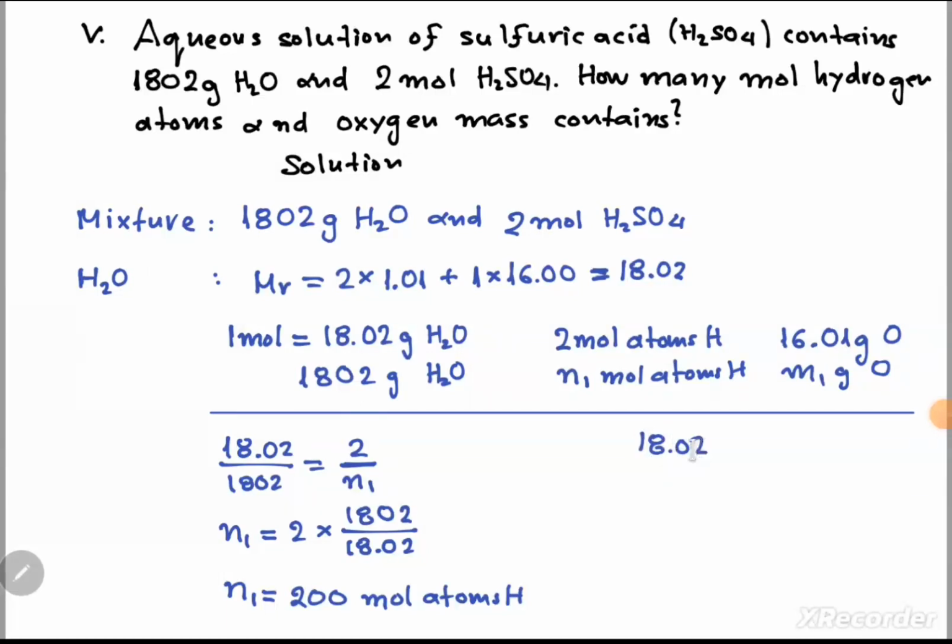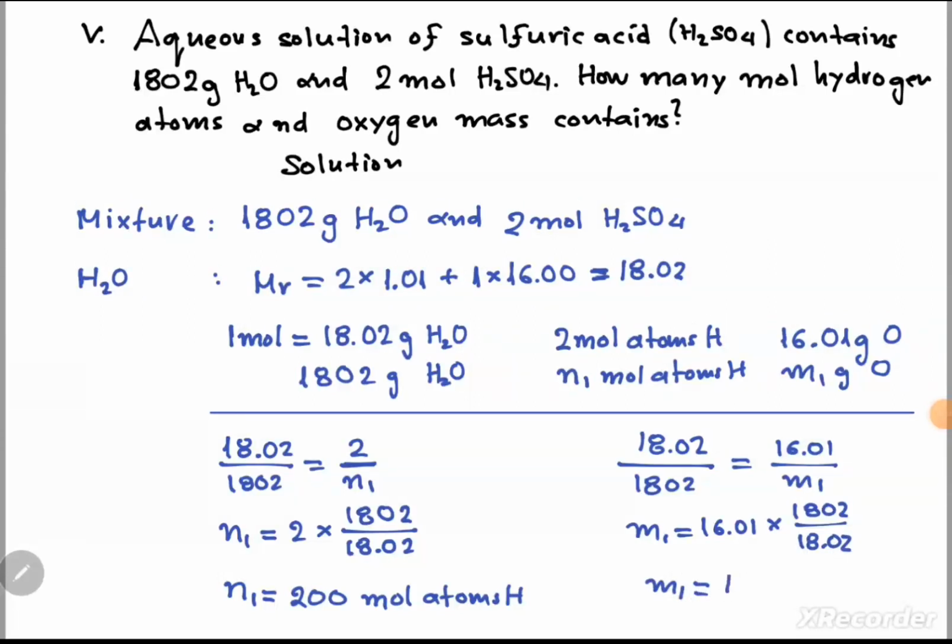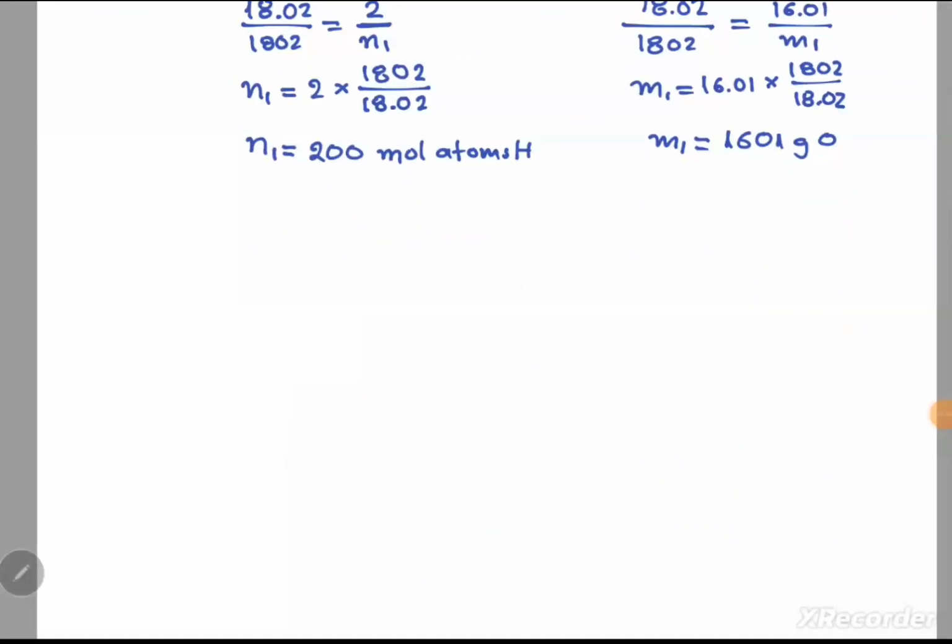Now we find the grams of oxygen. And the result is 1601 grams of oxygen. This is for the first component.